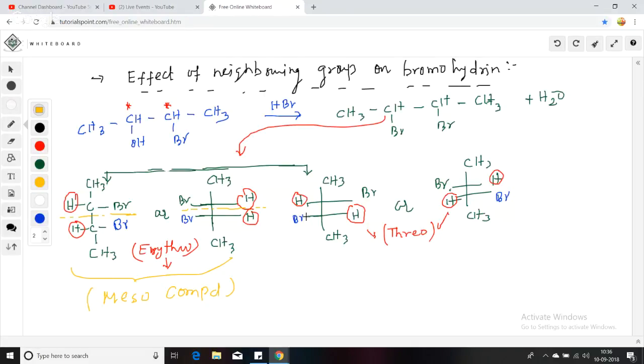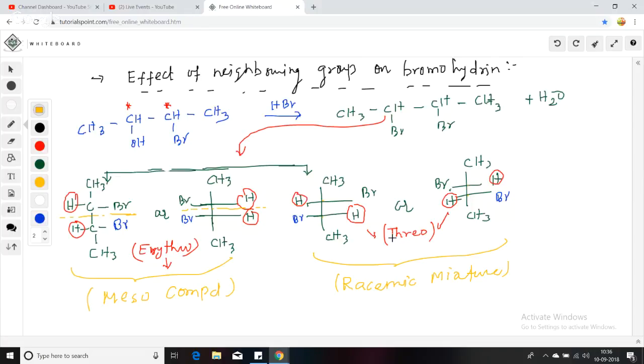In this, we don't have a plane of symmetry, and these two are a racemic mixture of each other. You can find out the configuration, which we have discussed in isomerism. The configuration of this carbon and this carbon is exactly opposite. So this gives you a racemic mixture.